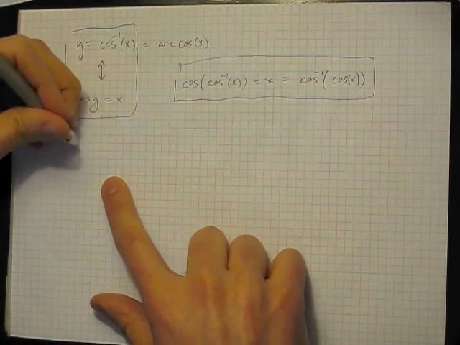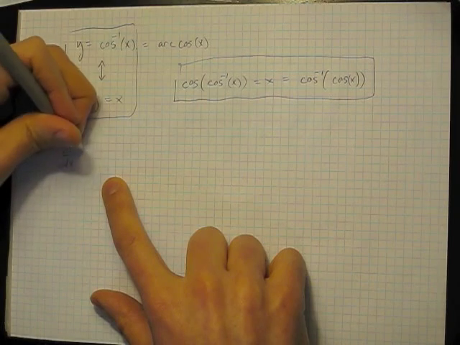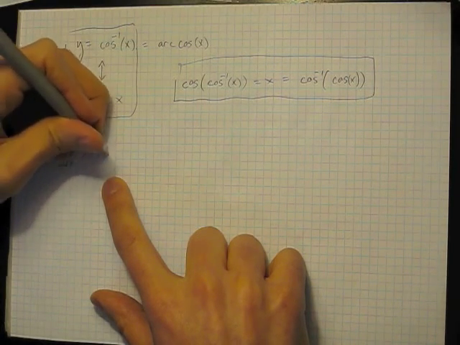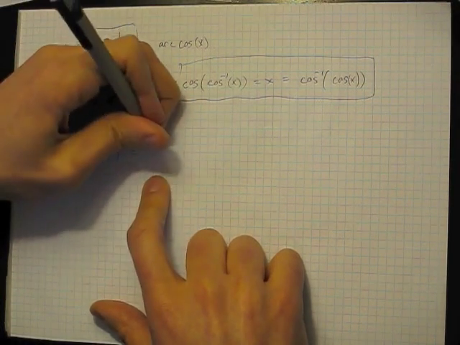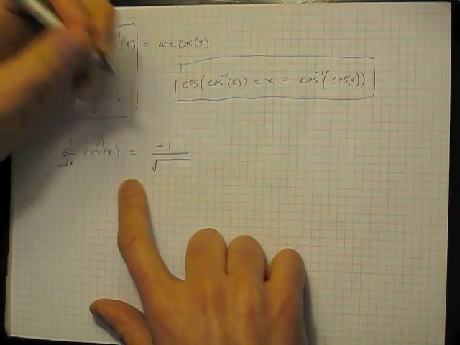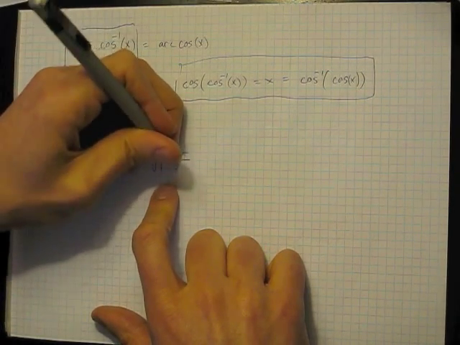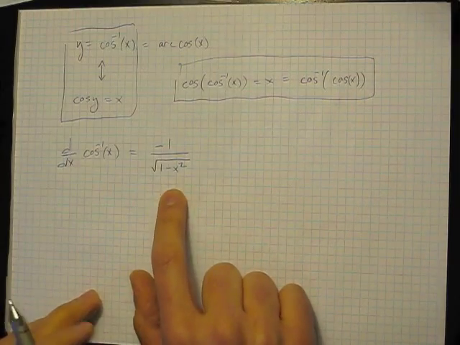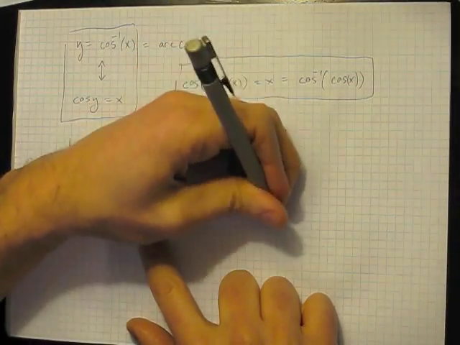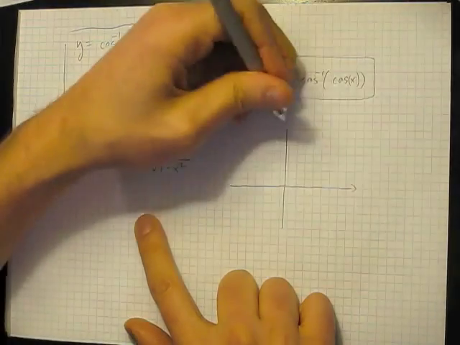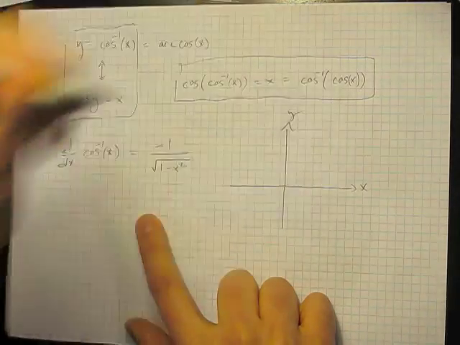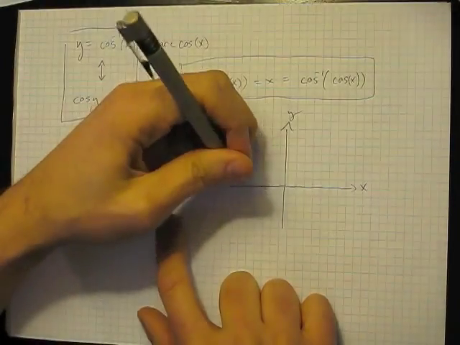The derivative of this function looks a lot like the derivative of the inverse sine function. It's just minus the derivative of the inverse sine function. And the graph of this function looks very similar to the inverse sine function.